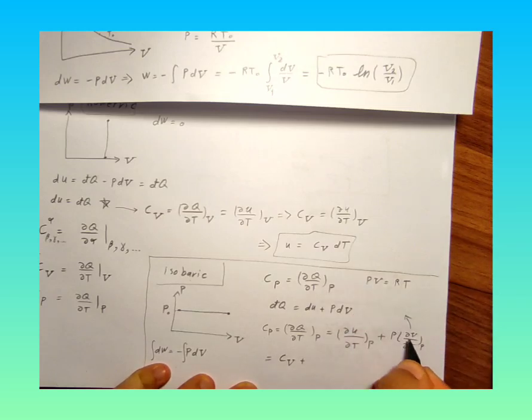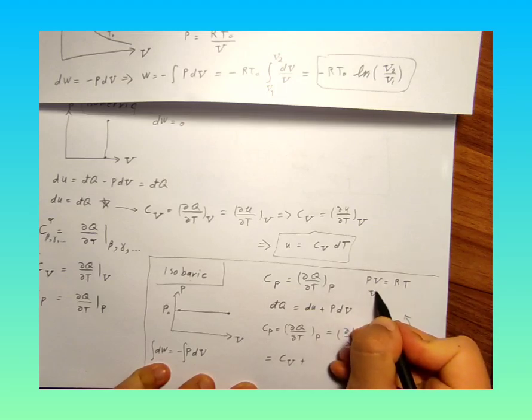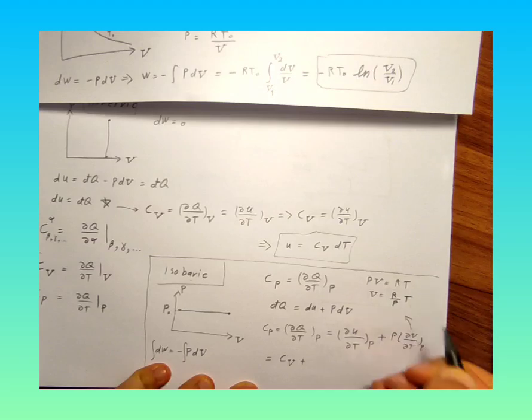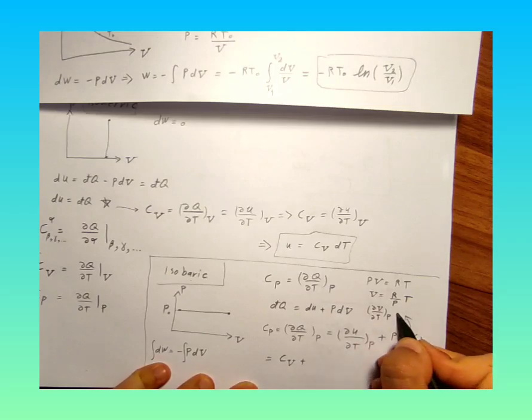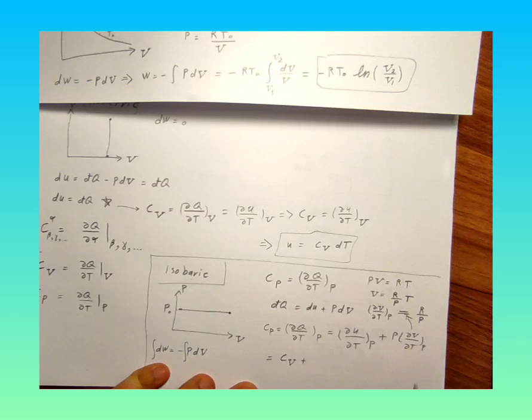P is constant here, so V is equal to R divided by P times T, so ∂V divided by ∂T at constant pressure will be equal to R divided by P. So put R divided by P here.